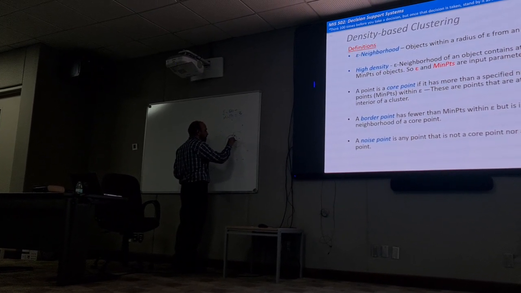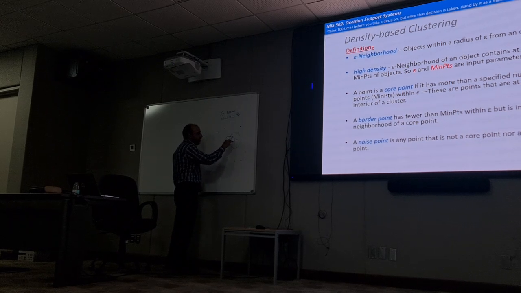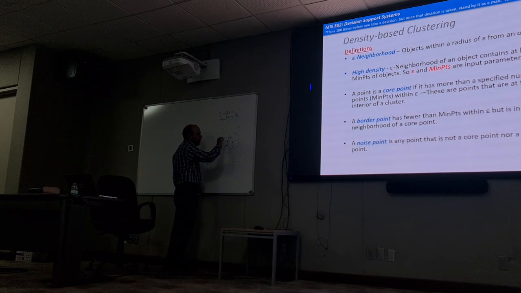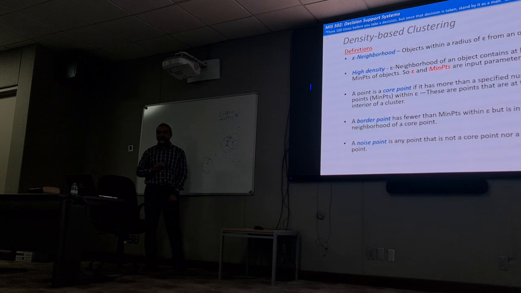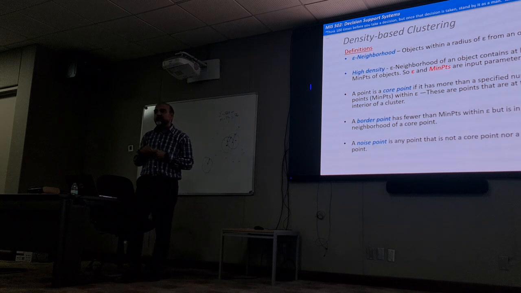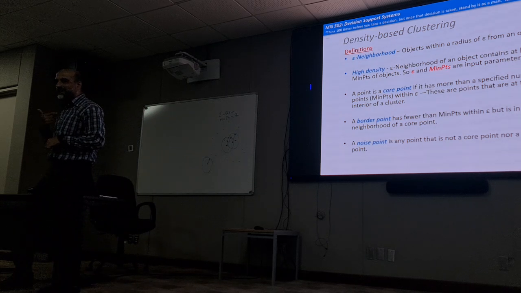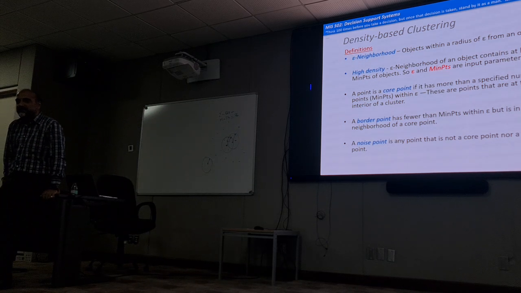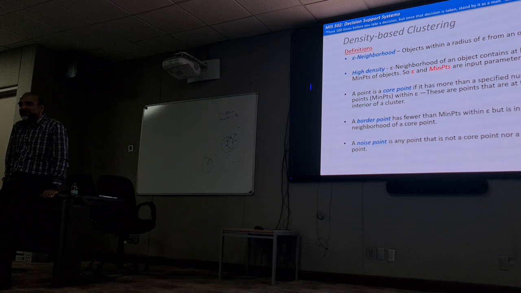Now, do you see that this point is actually in this person's neighborhood? Let me just draw the curve. Now, look at this point's neighborhood. Is it dense or not?